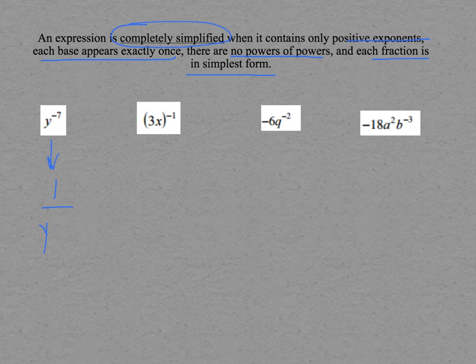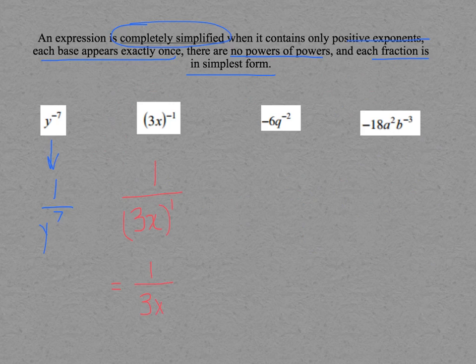I put y on the denominator with a positive 7 as its exponent. In my next example, 3x all raised to the negative first power, I would put 1 as my numerator and 3x to the positive 1 as my denominator. And again, I could write that as just 1 over 3x, but either one is fine.